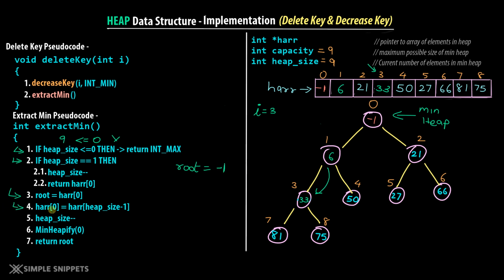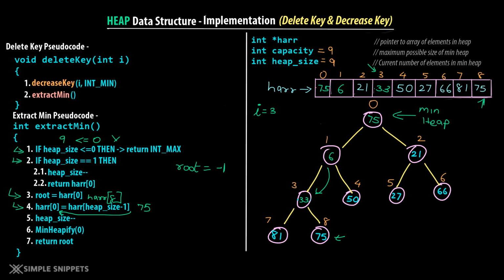Then we will say h array of 0 equals h array of heap size minus 1. Heap size, as I said, is 9, so 9 minus 1 is 8. h array of 8 is 75. You can see that is the last value. So 75 will now be copied at index position 0. So let's do that. 75 is now copied over here.